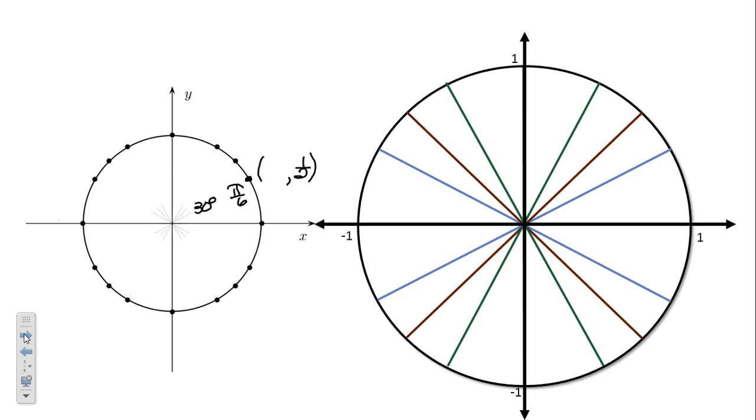What's the cosine of 30? Square root of 3 over 2. We just said that the cosine on a unit circle is x. So square root of 3 over 2 is this point's x value. So we have an ordered pair here: square root of 3 over 2 over and 1/2 up.